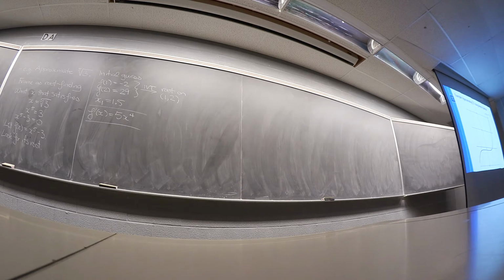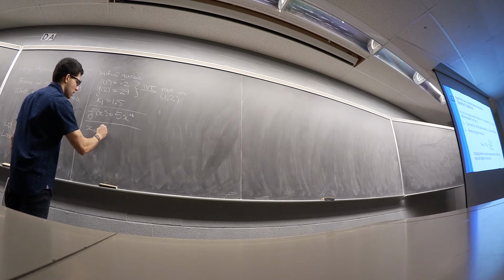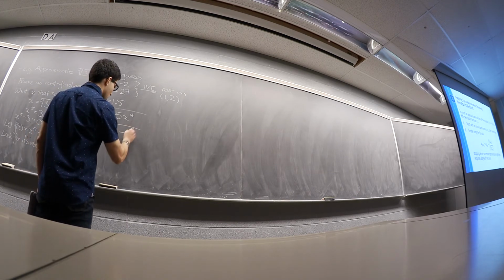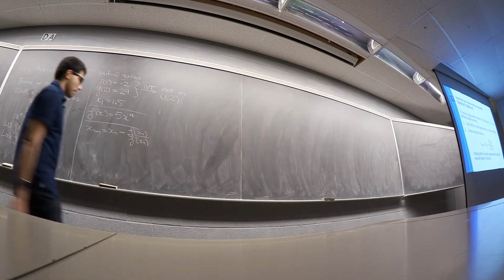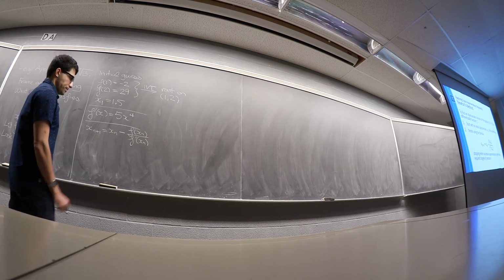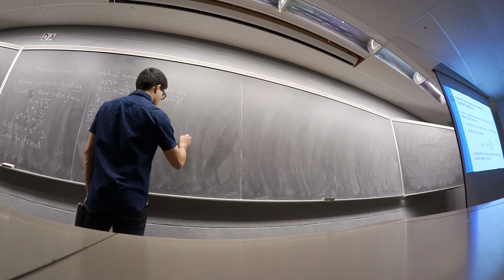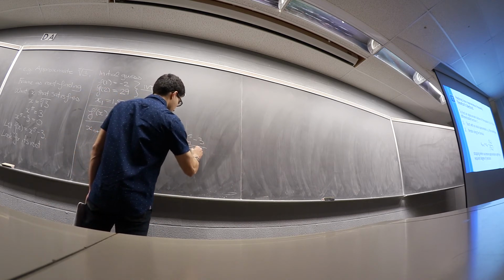Now you'll remember that update formula. The next approximation is the current approximation minus the value of the function at the current approximation over the derivative at the current approximation. I'll just sub in: x to the 5 minus 3 over 5x to the 4.